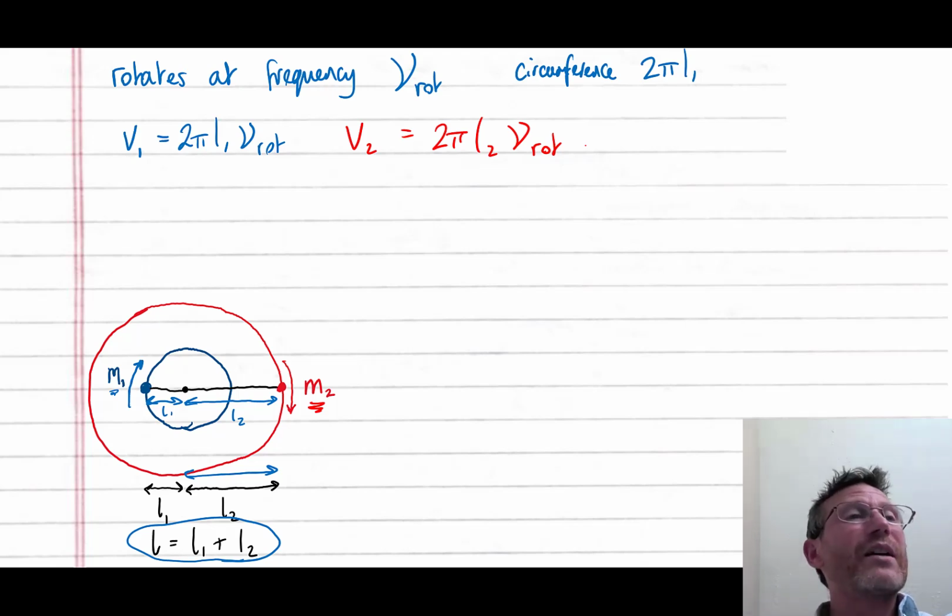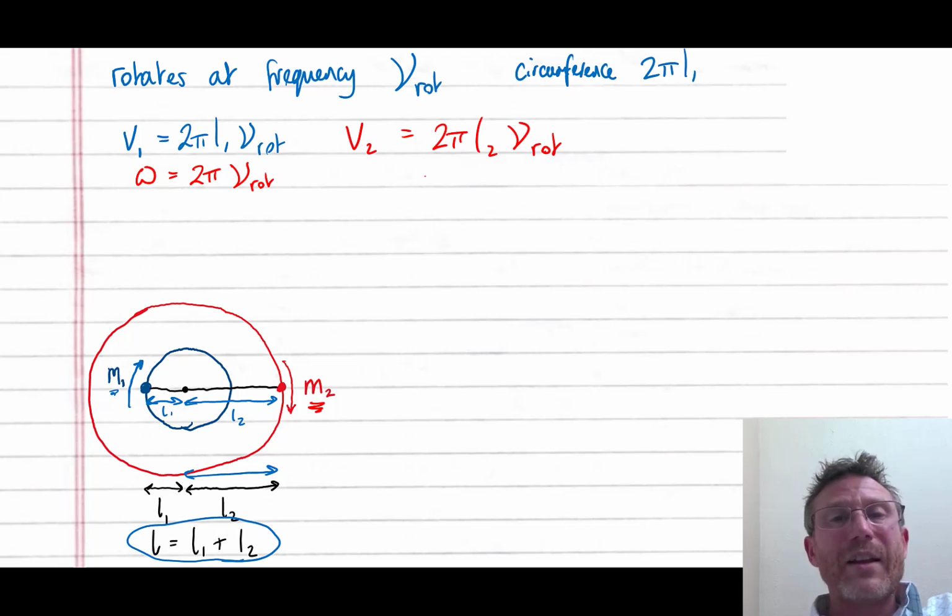The other thing we can recognize is that angular frequency is equal to 2 pi nu rot. So we can also write down these two expressions. V2 is equal to L2 omega, or V1 is equal to L1 omega.